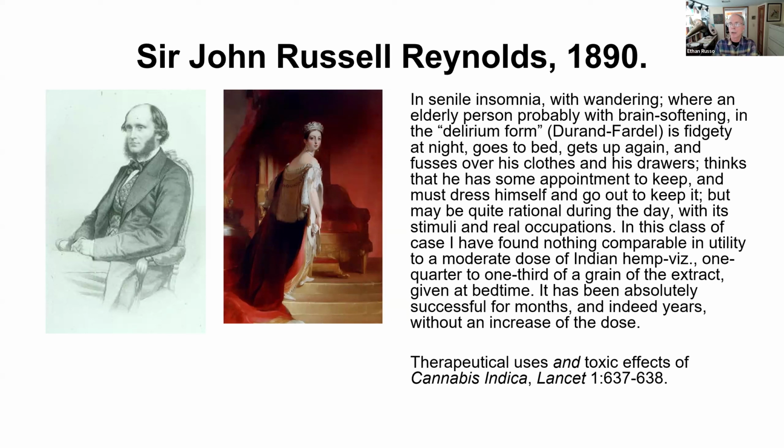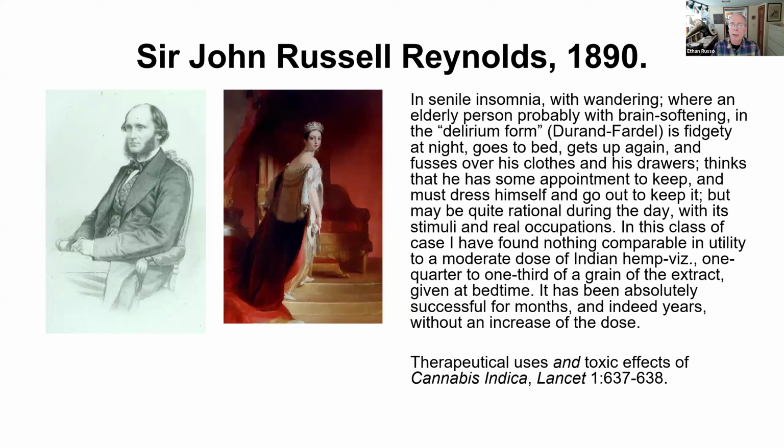So this was an elderly person. He talks about brain softening and delirium, and goes on to give quite a description of his difficulties, being quite rational during the day, but getting lost at night.